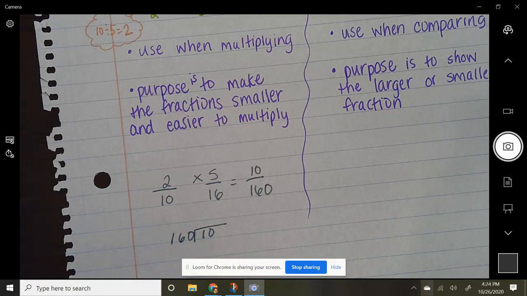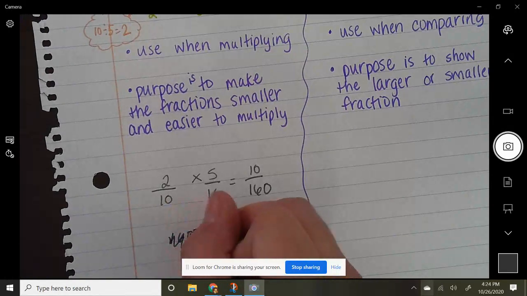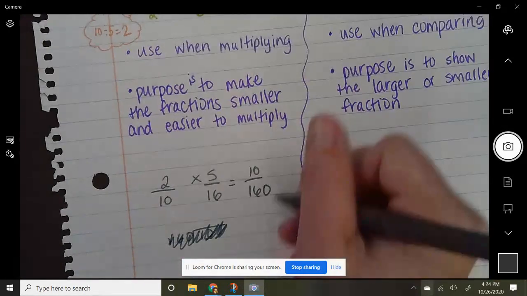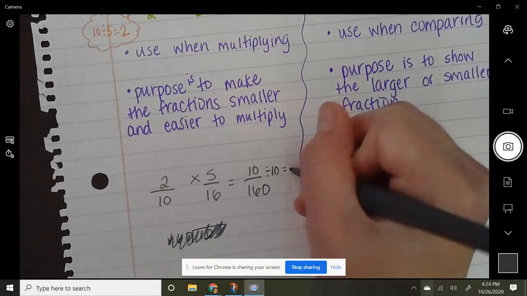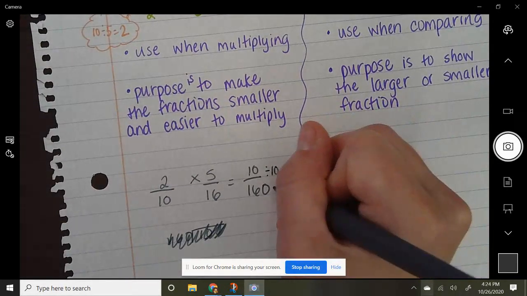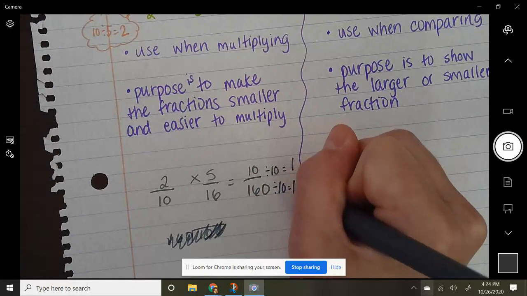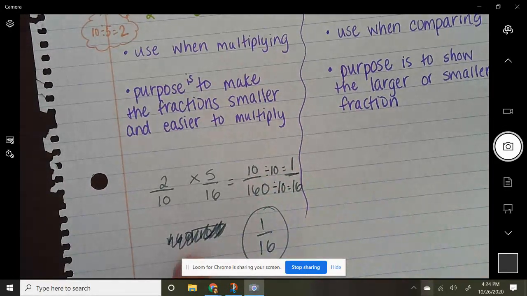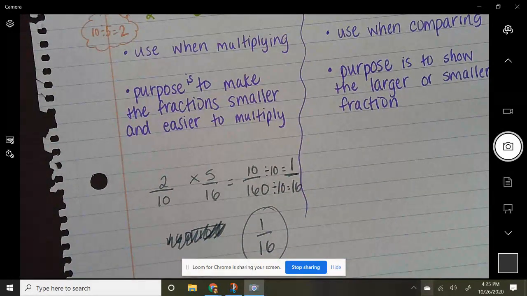I wouldn't want to. Oh, actually, I'm sorry. What am I thinking? You reduce by dividing them both by 10. 10 divided by 10 is 1. 160 divided by 10, you get 16. You still get the same answer, 1/16. Sorry, guys, messed up. Got the Monday brain.